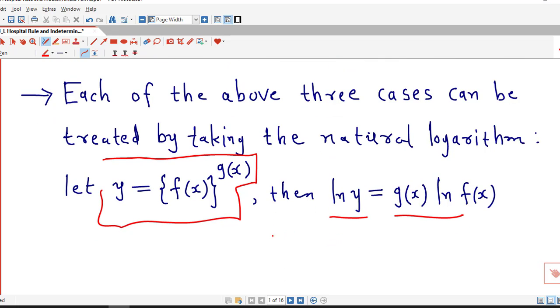After taking logarithm, we take limits on both sides as x approaches a.